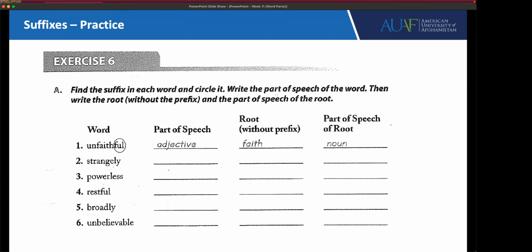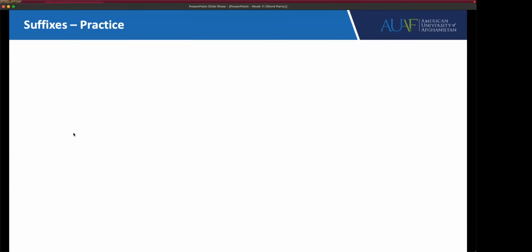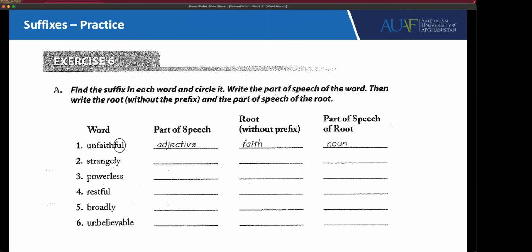Okay, Safa, you want to try number 3? Yes, number 3, powerless. It's an adjective, and the root is power, which is also an adjective. No, power is a noun.